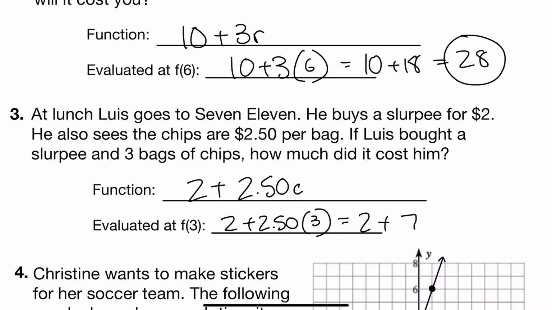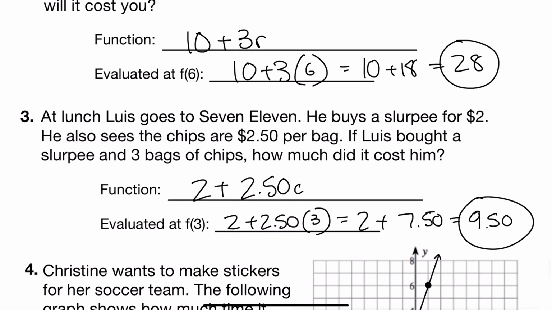That's going to be $7.50. Remember, you could totally use your calculators on these. I don't expect you to know that off the top of your head. And then we got 2 plus $7.50. That's going to be $9.50. So it cost him almost $10 to get a Slurpee and 3 bags of chips.